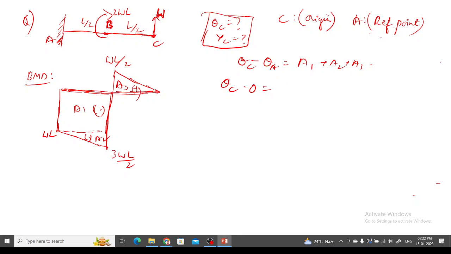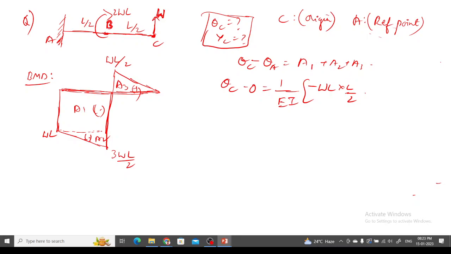So if I write, I am taking 1 by EI as common. Okay, and what is A1 actually? It is minus WL into L by 2. If I make any mistake, please let me know.